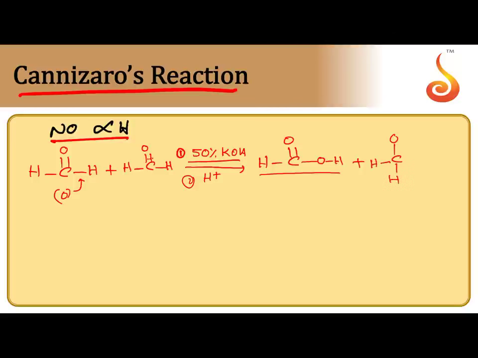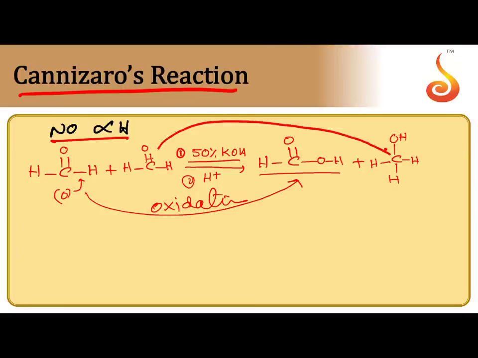Two hydrogens are already present. Now attach two hydrogens, one to oxygen, one to carbon. That is nothing but alcohol. So in between these two, one carbon is oxidized to the carboxylic acid, the other carbon is reduced to alcohol. The same carbon undergoes oxidation as well as reduction.